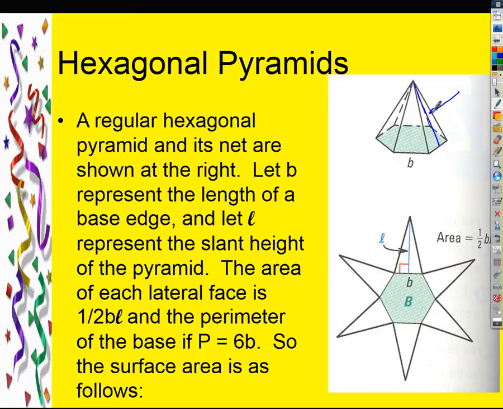So that's L. The area of one of those triangles is half b times L, half the base times the height. The slant height of the pyramid becomes the height of one of the triangular faces if I cut it out and set it on the table.